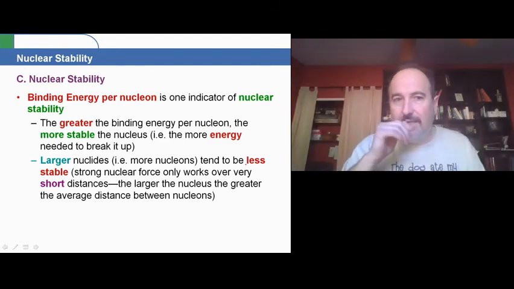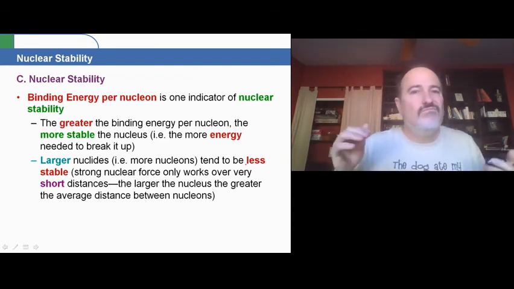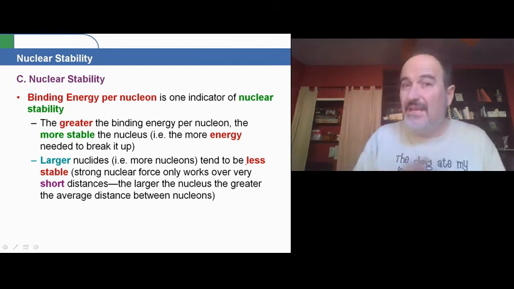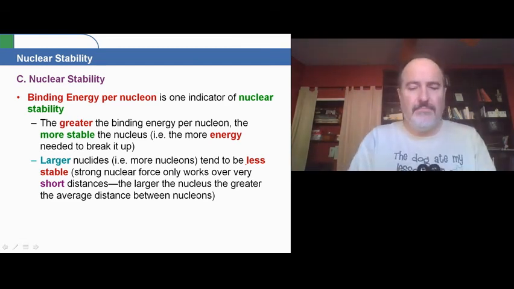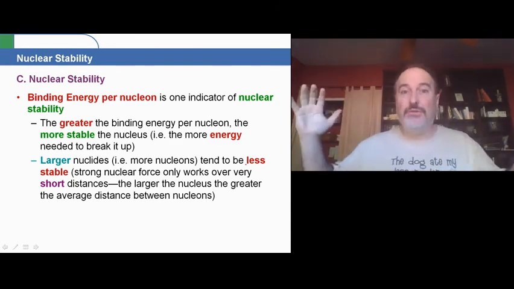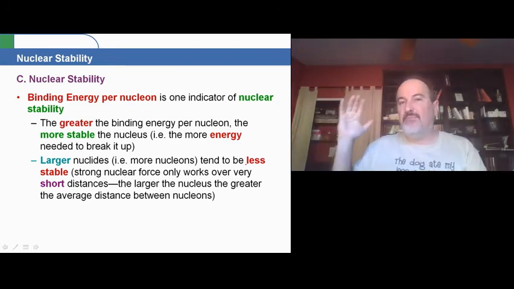The largest nuclides have upwards of 250, 260, 270 atomic mass units in mass. So, I mean, those things are huge. And because they're so large, imagine one of these taking up the size of a beach ball.